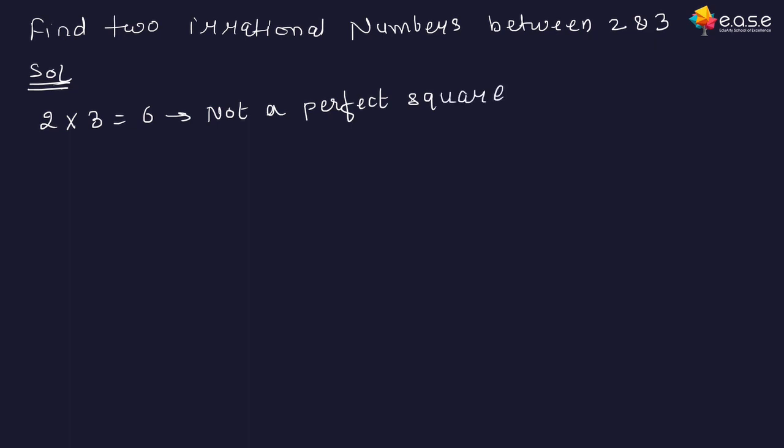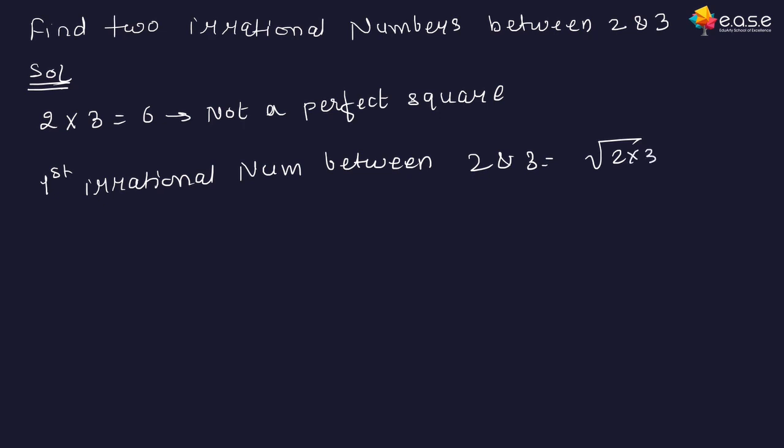So let us find the first irrational number. The first irrational number between 2 and 3 is equal to root of 2 times 3, which is equal to root of 6. This is your first irrational number, correct?